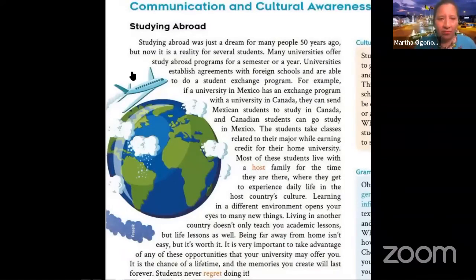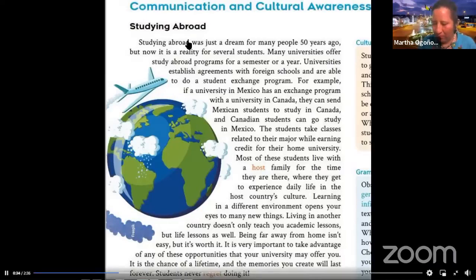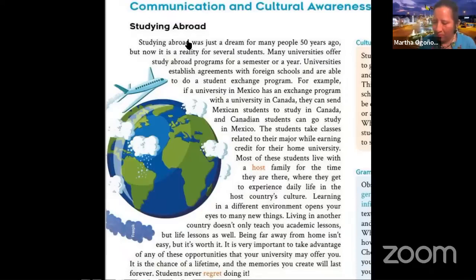Many universities offer study programs for a semester or a year. Universities establish agreements with foreign schools and are able to do a student exchange program. For example, it's a university in Mexico.